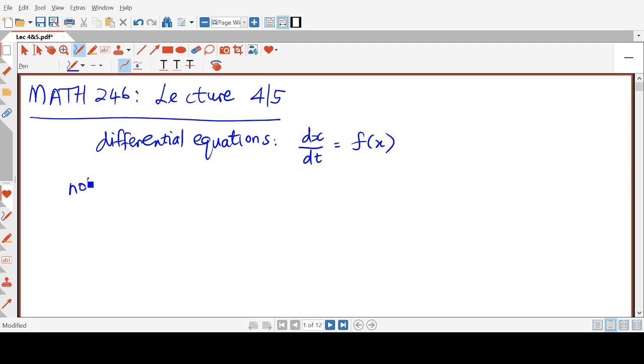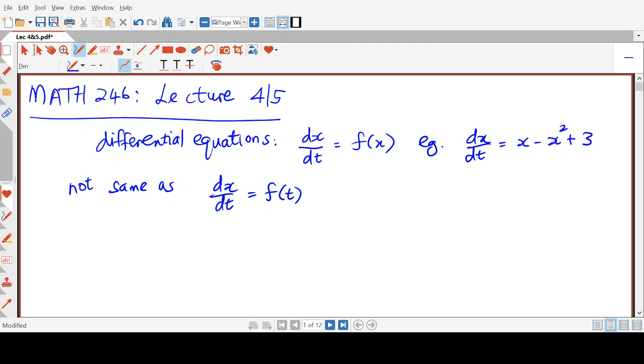This is not the same as dx/dt, a function of t. An example of this here is dx/dt equals, say, x minus x squared plus 3 or something like that. x is the dependent variable there, even here.